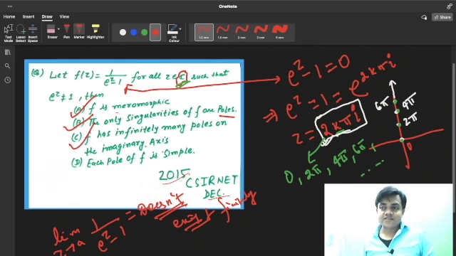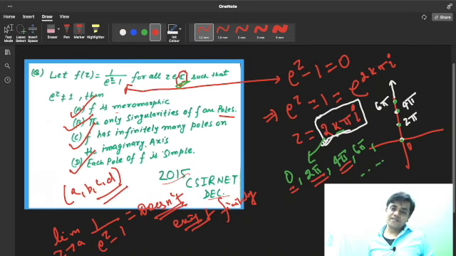And the multiplicity of each pole is only 1. So 2 pi repeats only one time, 4 pi repeats only one time. Even if you find its residue, you are going to get 1. So each pole is simple as well. So simply you can say all the options A, B, C, D are correct.